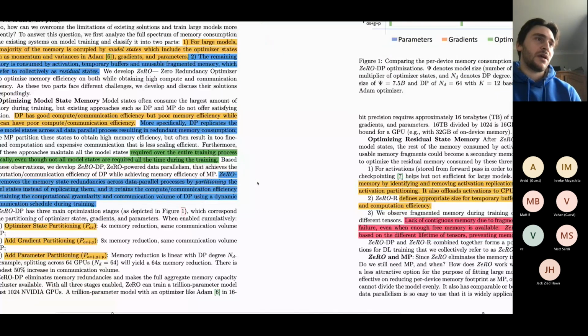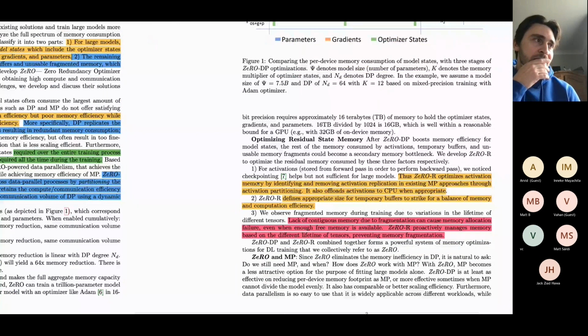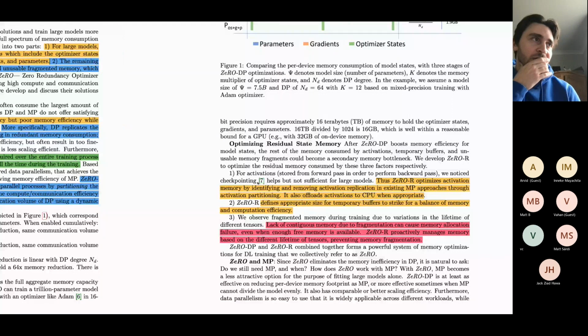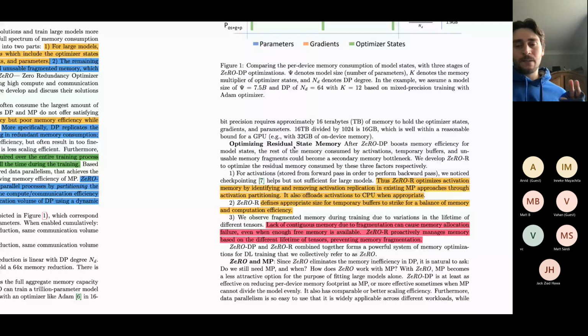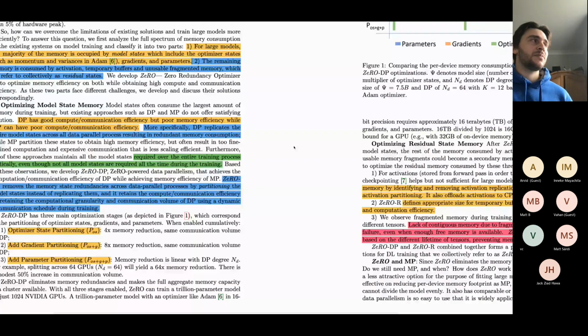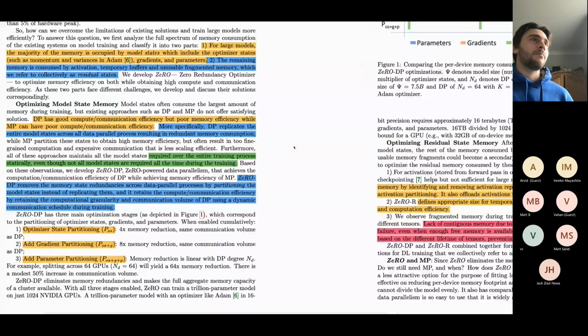Let's see. And then I have some stuff that I highlighted. So in terms of optimizing residual memory. When they're talking about memory usage by a training process, there's a lot of 2s in this paper. There's 2 types of memory usage.